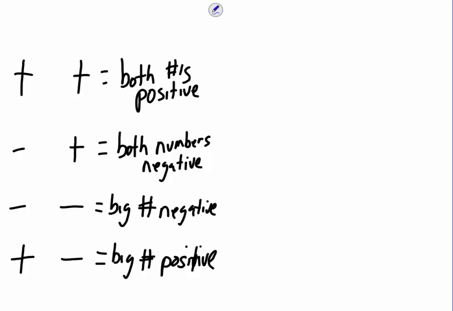So the first problem I'm going to do is x squared minus 7x minus 30. Now, when I say over here on the left-hand side, I got a plus plus, a negative plus, and a plus negative, I'm talking about these signs right here. So this problem would be a negative. According to my cheat sheet, when I factor, the big number is going to be negative.